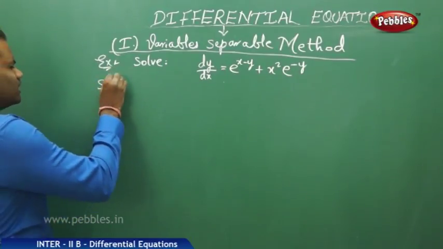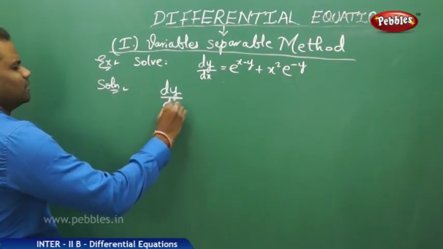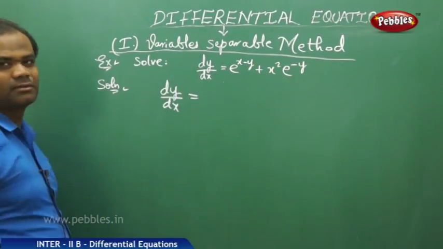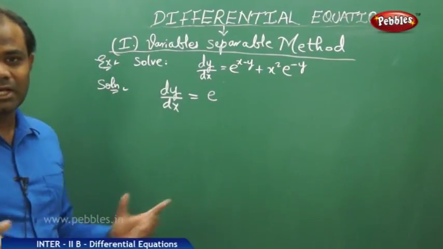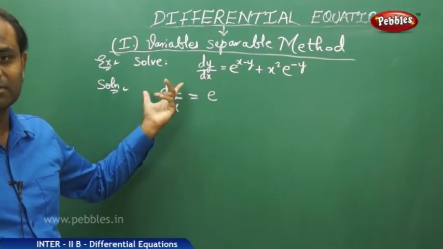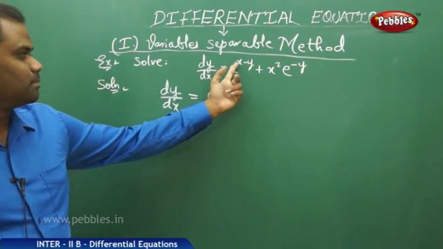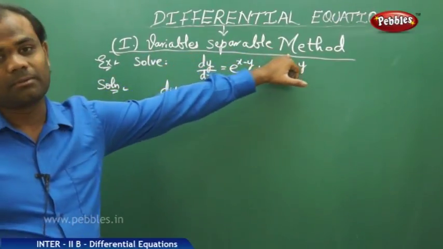So in order to solve this, let me take the differential equation modified. Now my task out here is to take all y variables to one side and x variables to the other side. Therefore, I split all x and y variables because the method is variables separable method.